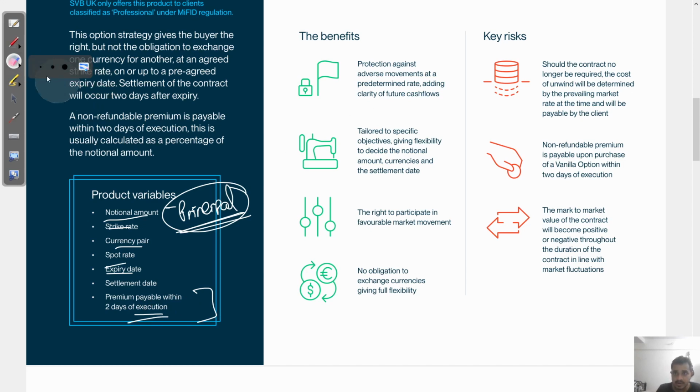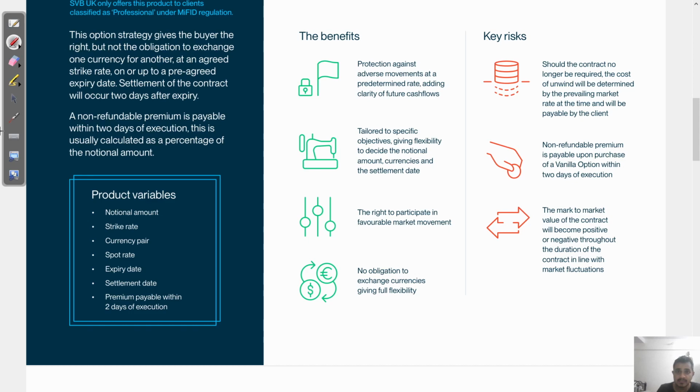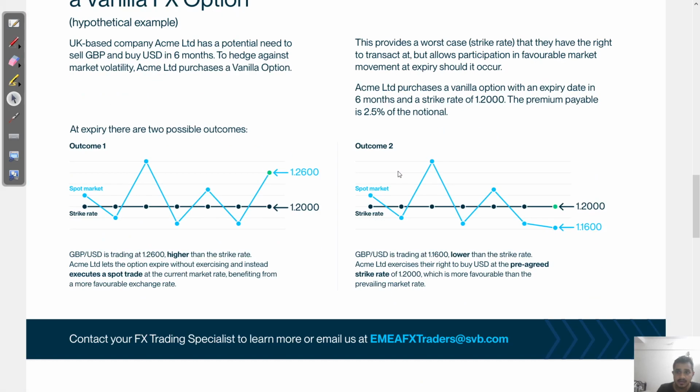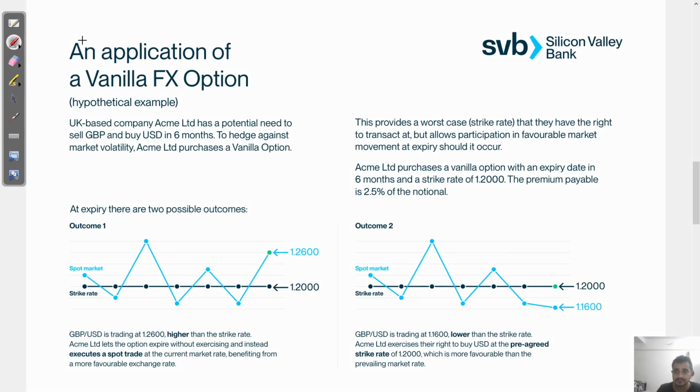Now let's get down to a good example to help us understand. In my previous example, I had taken the same company, that is Acme. So Acme is a UK based company, which deals in GBP, pounds, and then we have a US based company which deals in dollars.